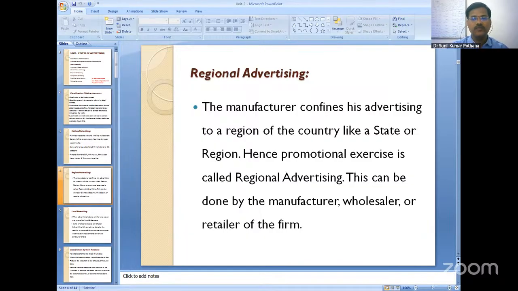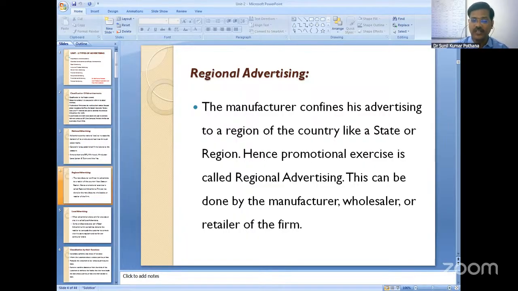Some product which is most suitable only for Telugu people, like a food item related to the Telugu region, is not needed elsewhere. So it is not required to give advertisements in Uttar Pradesh or Gujarat. Those are limited areas, that particular region.